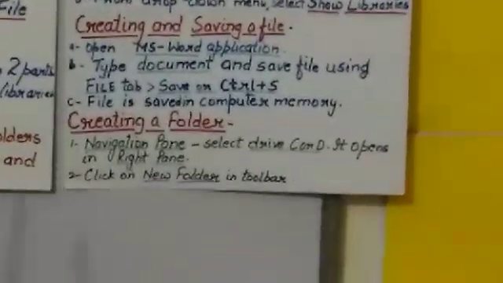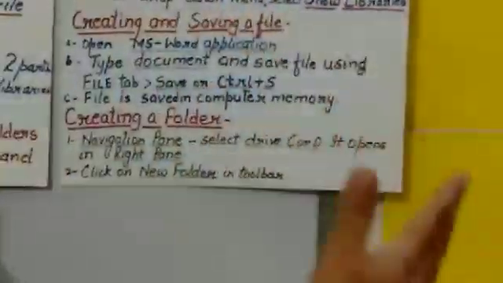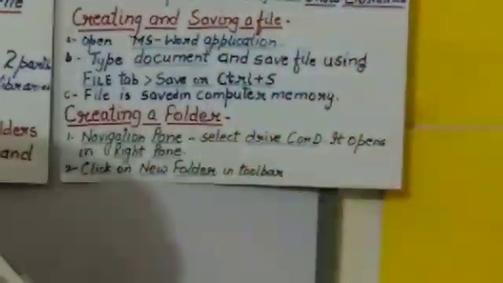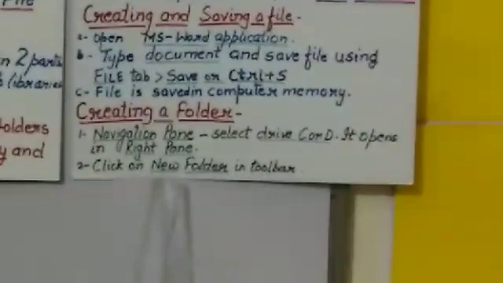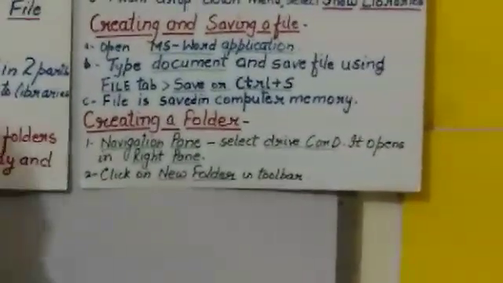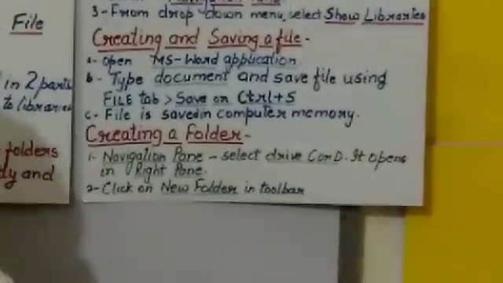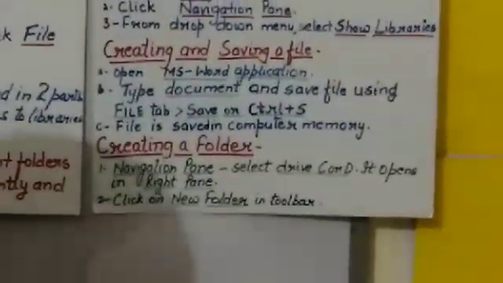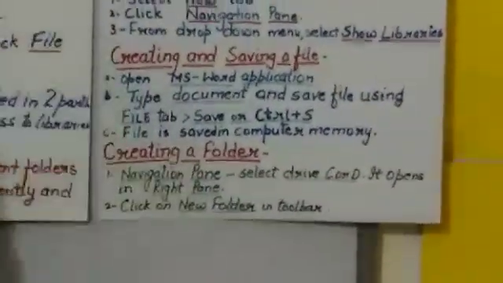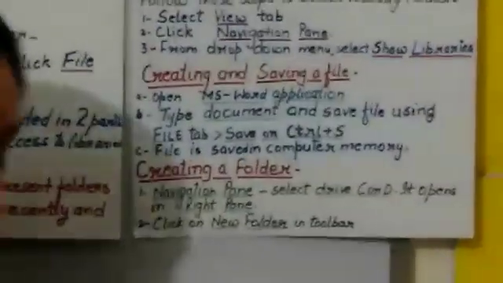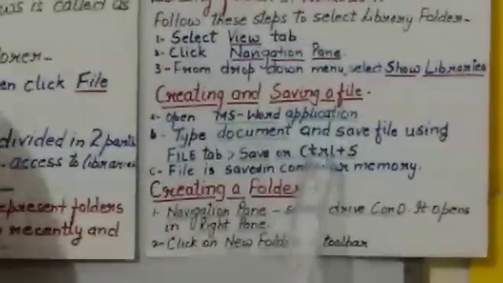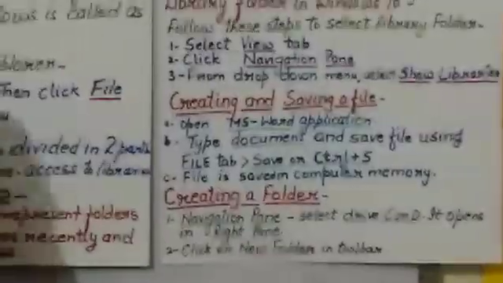It opens in the right pane, that means the broader part of the Windows Explorer screen. Now click New Folder in the toolbar. New Folder is shown on the toolbar. You can click New Folder and directly create a folder. So this is how you can create and save a file and create a folder.